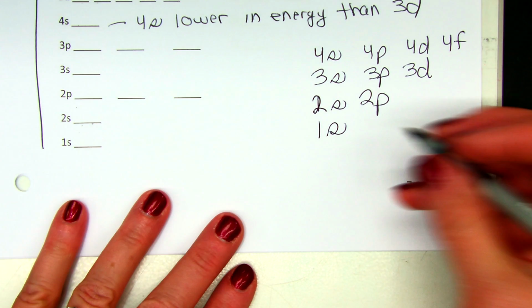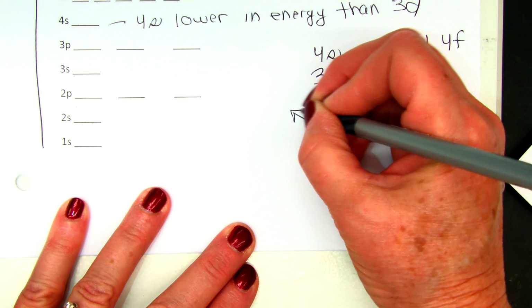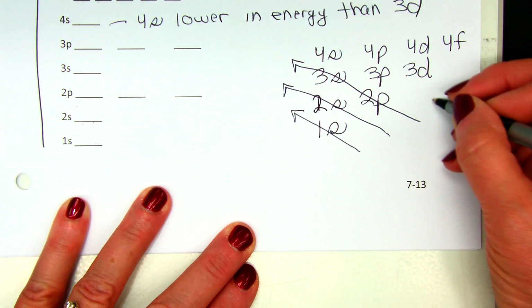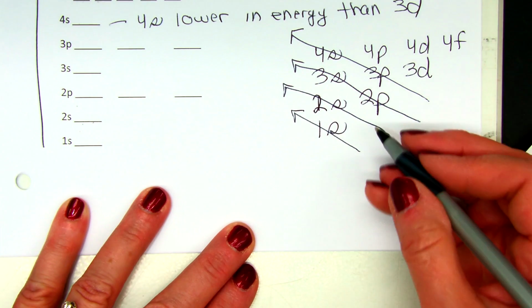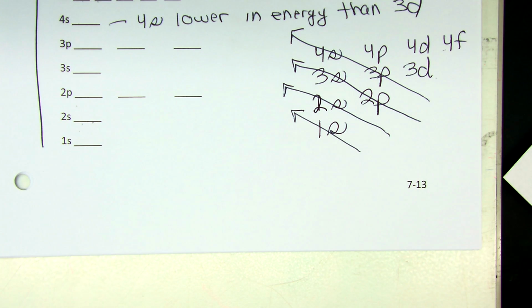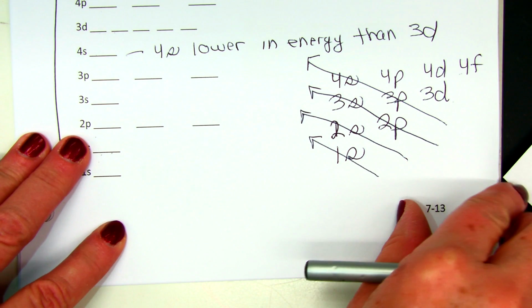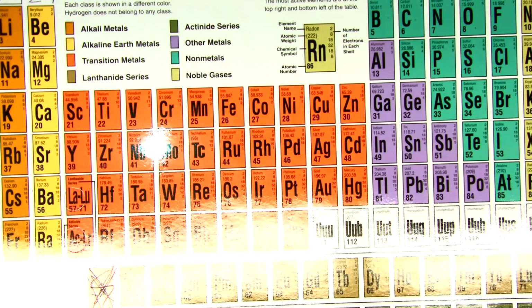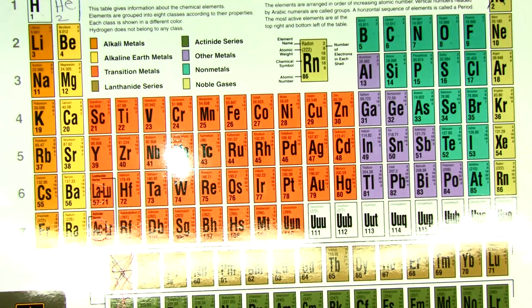They have these little arrows saying you go in the 1s, then the 2s, the 2p, the 3s, then the 3p, the 4s, then the 3d. But it doesn't help you when you get to the f's. It messes things up if you try to follow this once you get to the f's. So I don't recommend that. What I recommend is using the periodic chart. The periodic chart is your best friend.